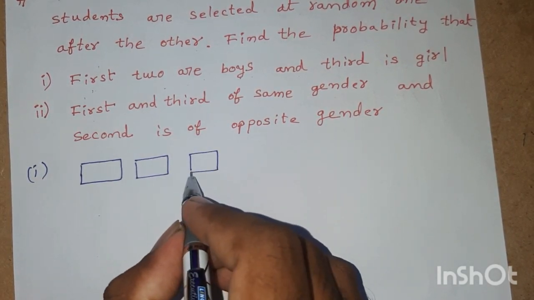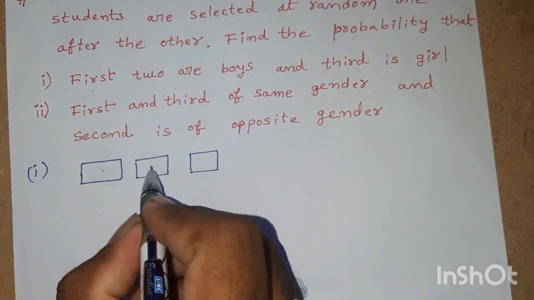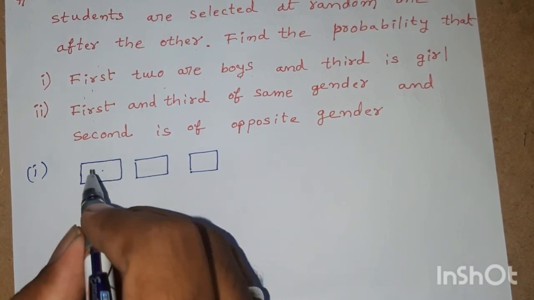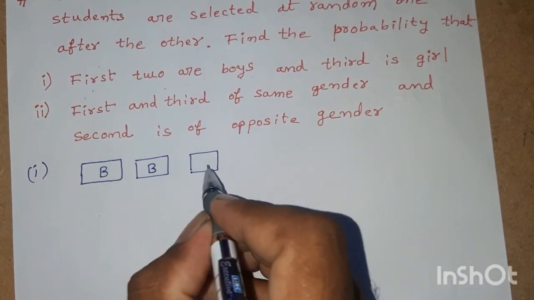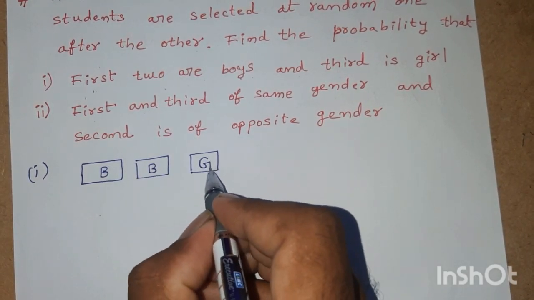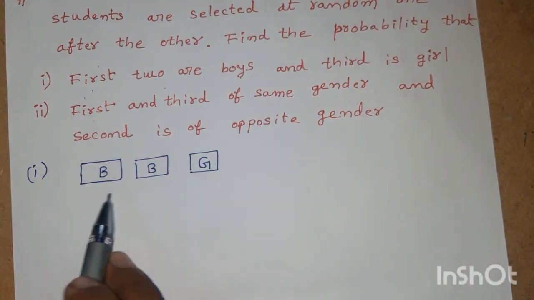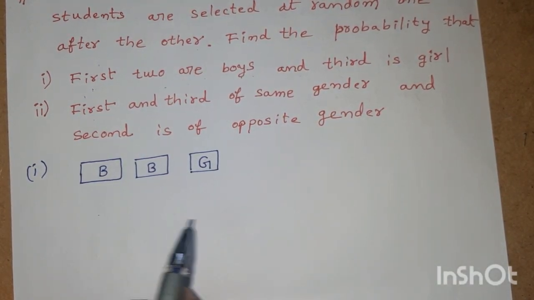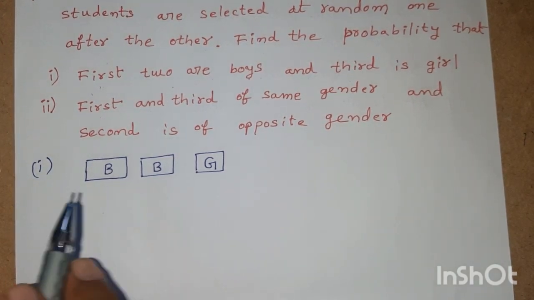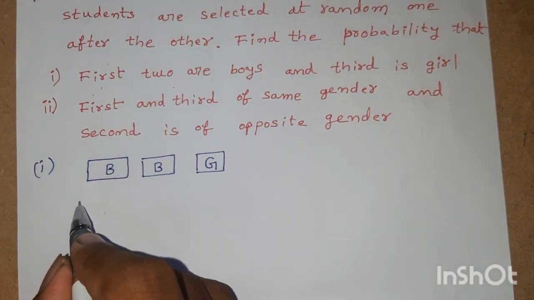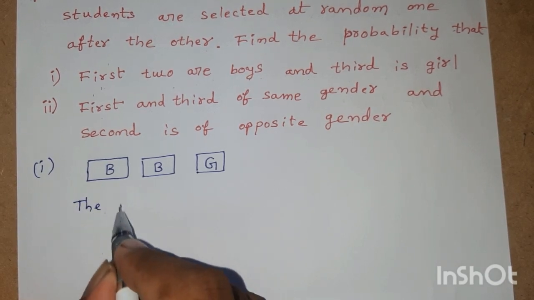Among these 3 members, the first and second must be boys, B for boys, and the last one is a girl. Okay, in this order we have to select those 3 students.